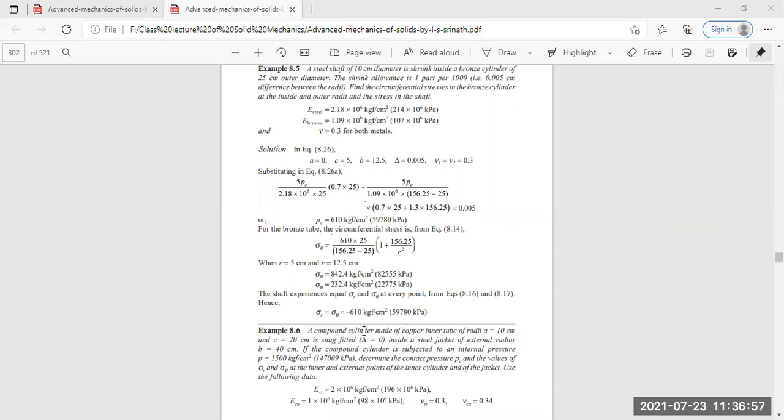A compound cylinder made of copper in a tube of radius A equal to 10 centimeter and C equal to 20 centimeter. Hence, what we are doing here, we are discussing the composite problems.